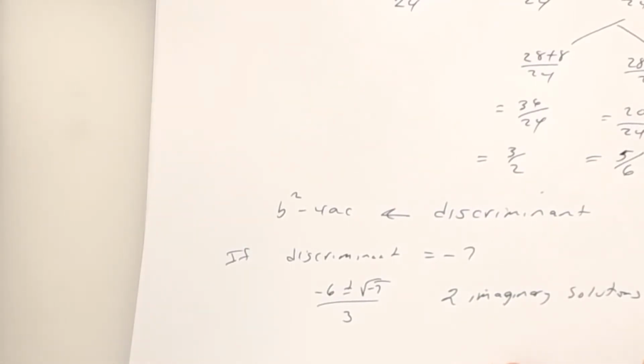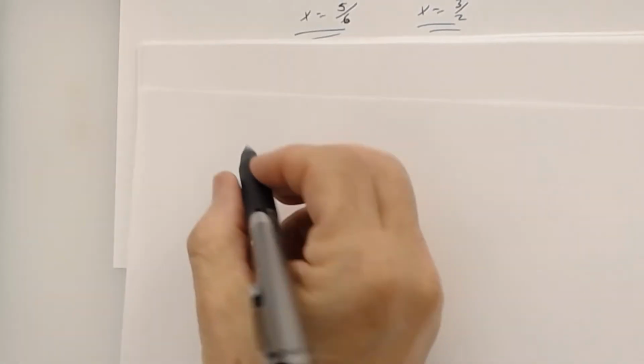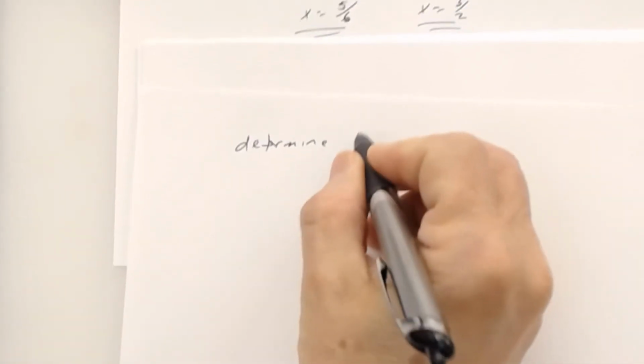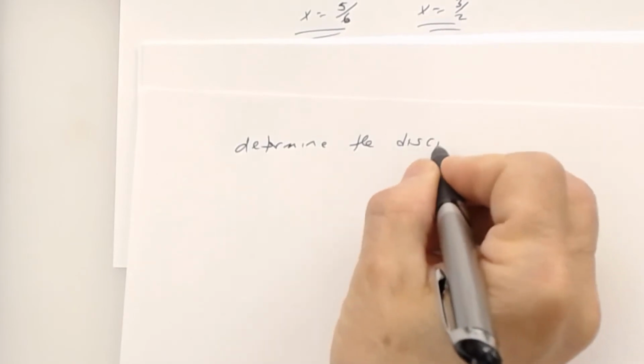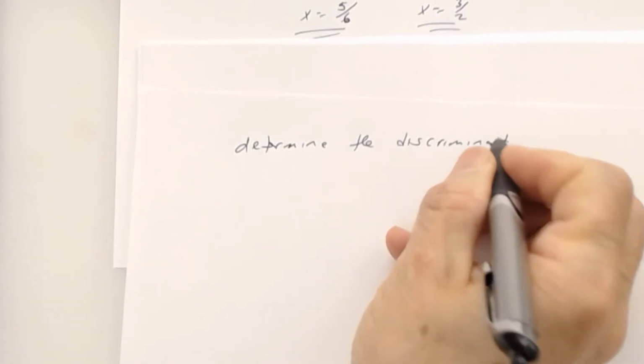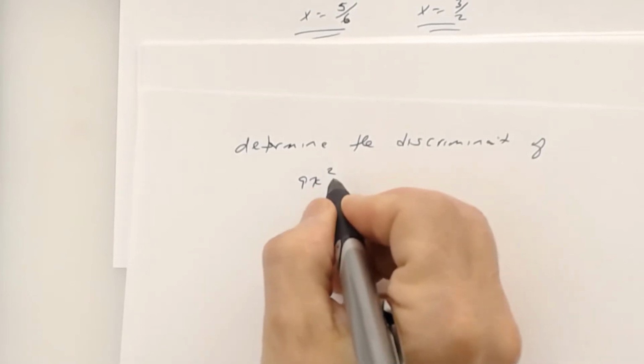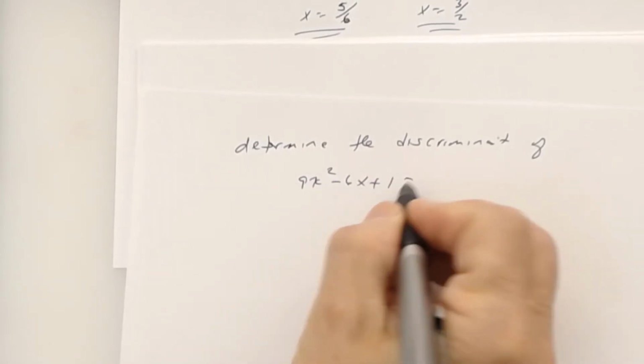All right, now, what if you had this? What if I had this quadratic equation? Determine the discriminant of, and let's suppose we had 9x squared minus 6x plus 1 equals 0.